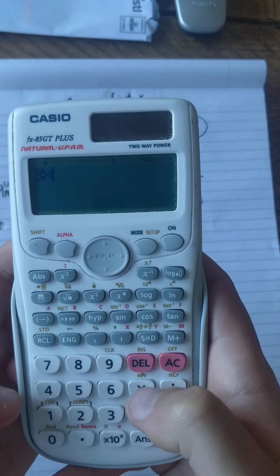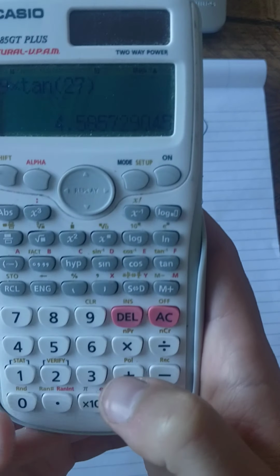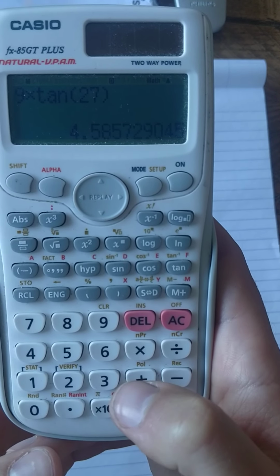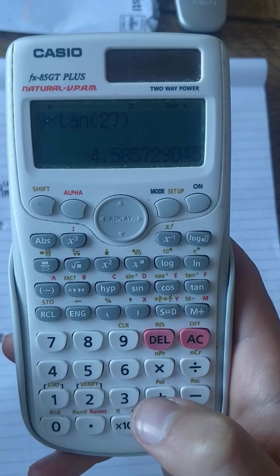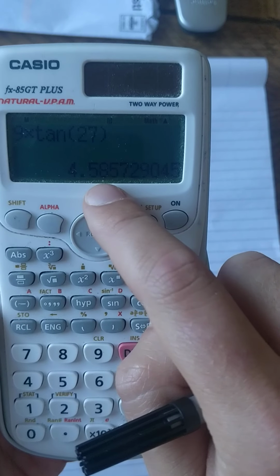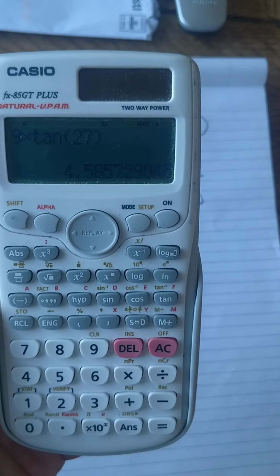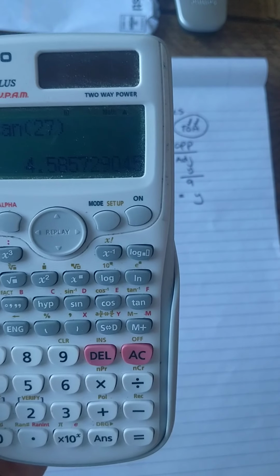So 9 times tan 27, and we get 4.585. Now, what I suggest you do at this point is leave that answer on your calculator, because you will have potential rounding errors. If you just went to 4.6 straight away, then technically you could incur a slightly different rounding error to if you used 4.585.